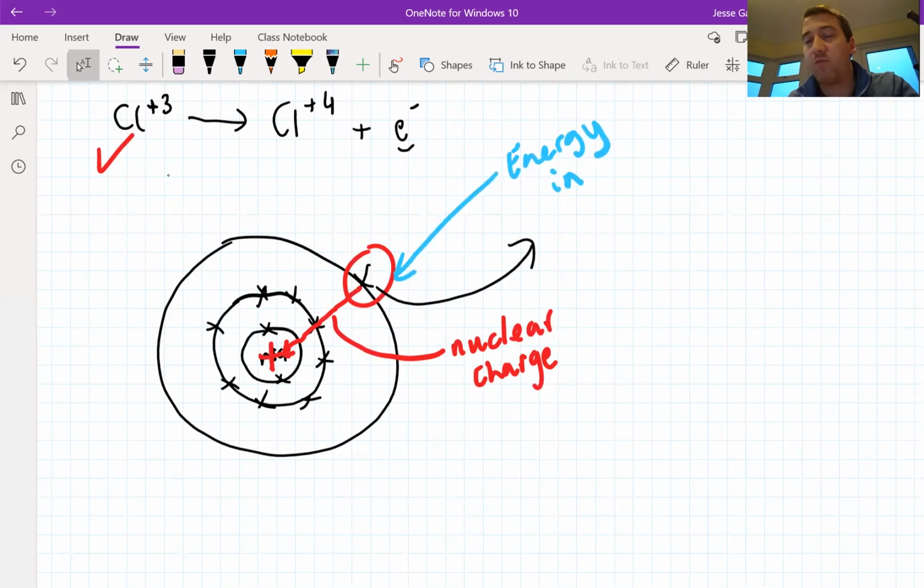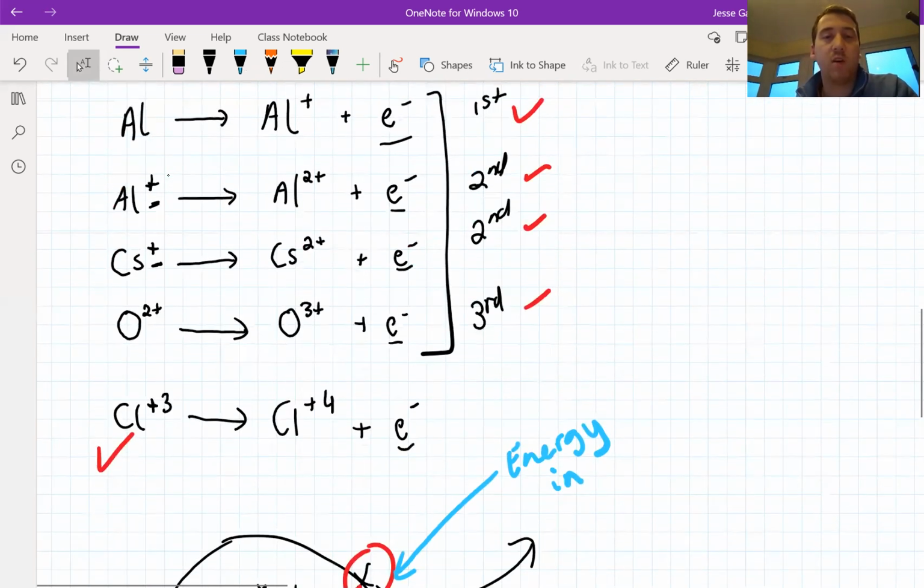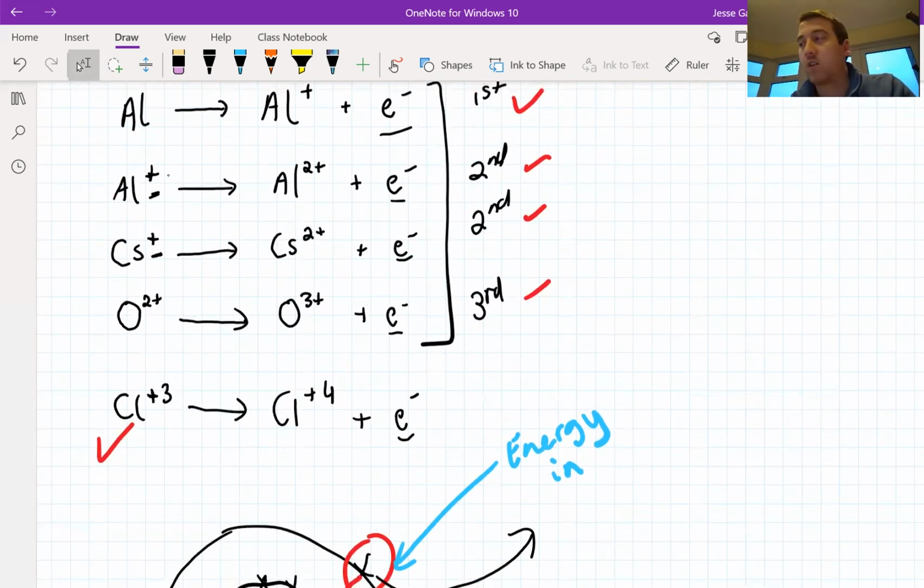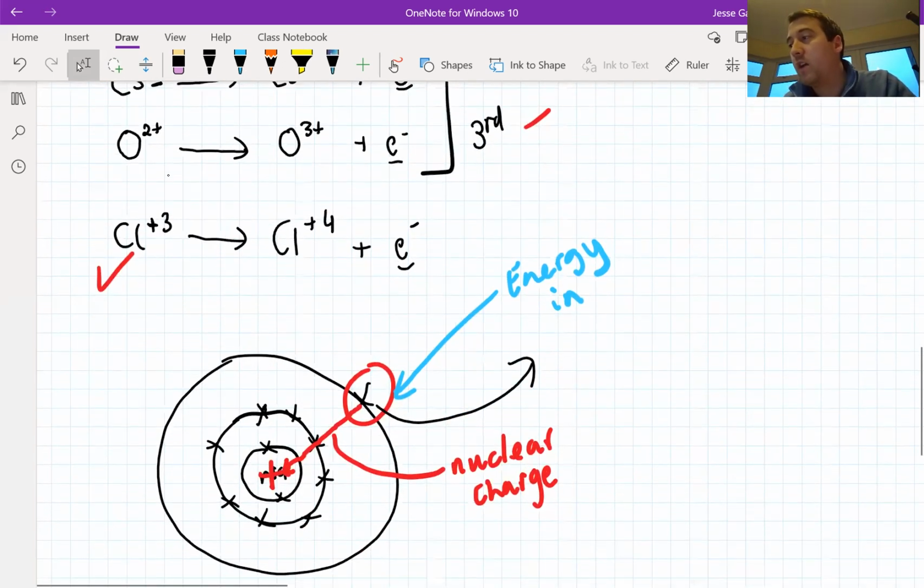So it's going to break the connection that it's got with the atom. You have to overcome the nuclear charge. Now, as a result, any ionization, all these that we've shown above, are all losing electrons. So all of these are going to require an energy input to overcome that force of attraction between the electrons and the nucleus.